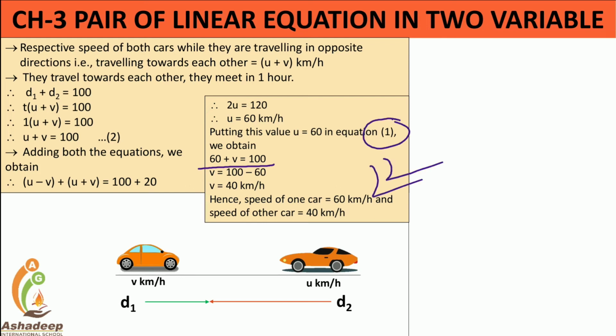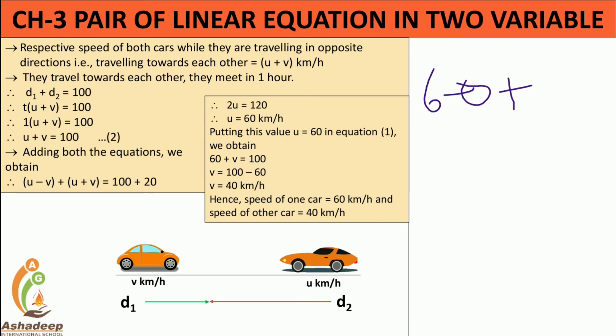Instead of 1 there is a 2, it was written by mistake. So putting this value of u is equal to 60 in equation number 2, we obtain 60 plus v is equal to 100.